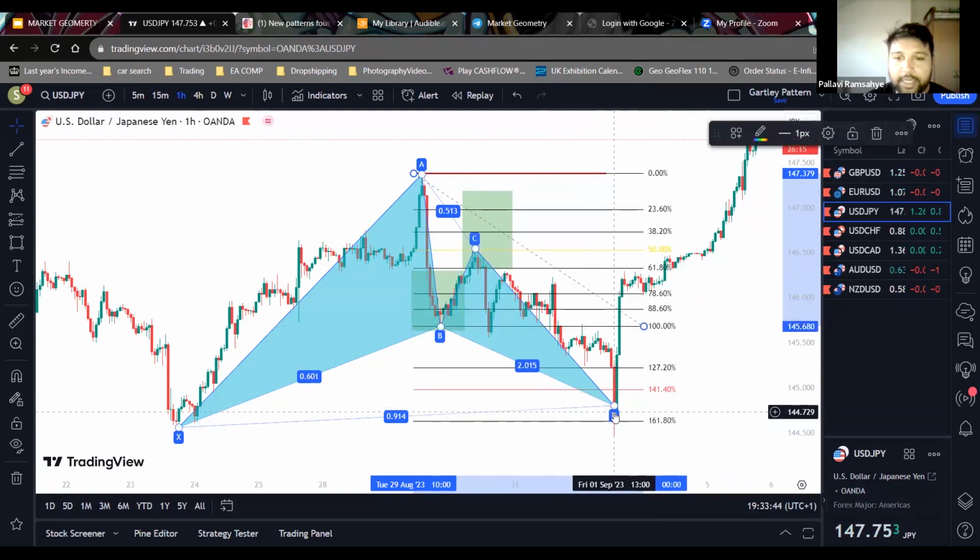So remember, point D is marked at this point. Can anybody tell me the percentages? Remember how I mentioned that 127.2, that's the first one. Yeah, correct. You got that right. And then there's a second percentage that we need it to fall between: 161.8. Yeah, correct. They're the two percentages.